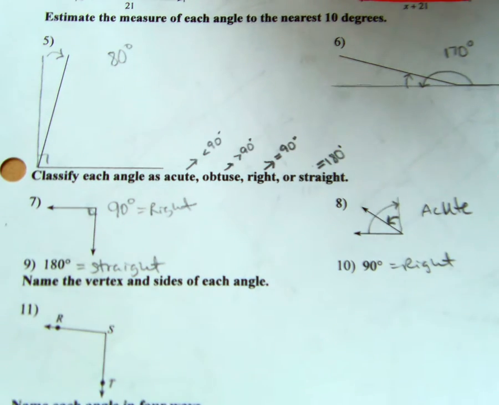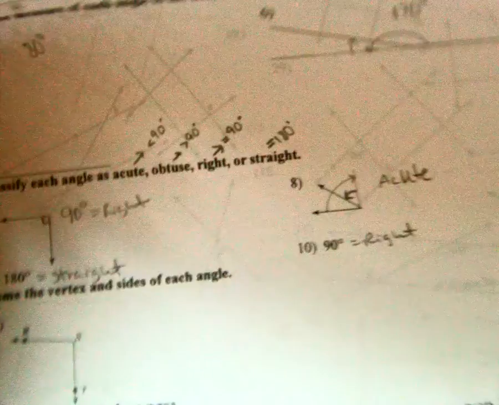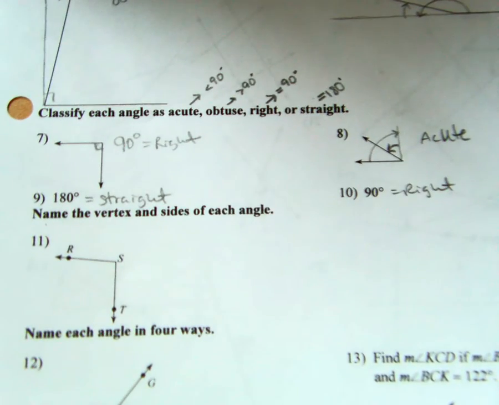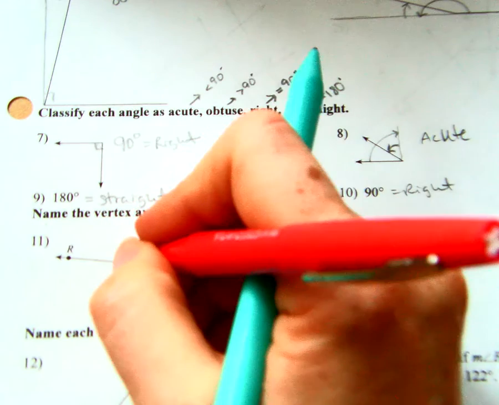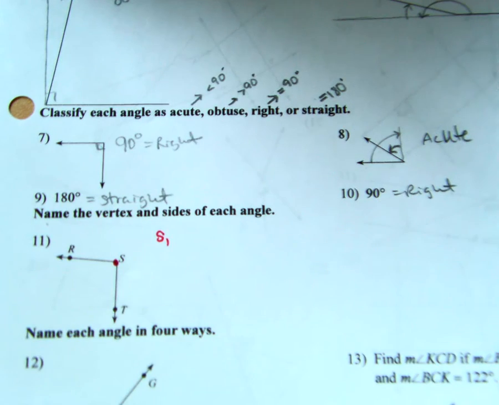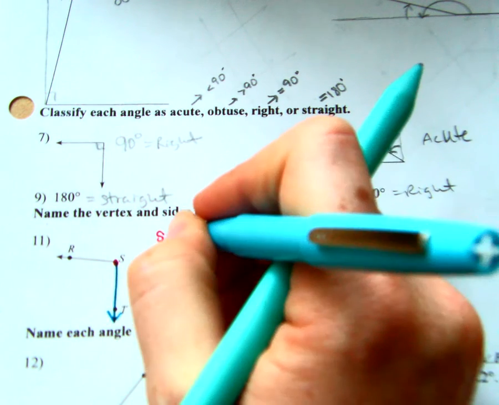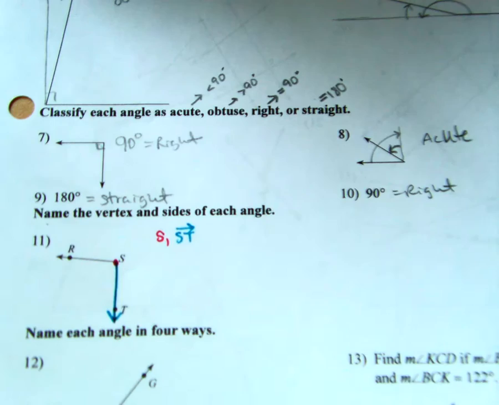Okay. Next set of questions, a little quick vocabulary here. It says name the vertex. So the vertex is right here at point S. And then it says name the sides as well. So we have a ray that is ST, that is a side.